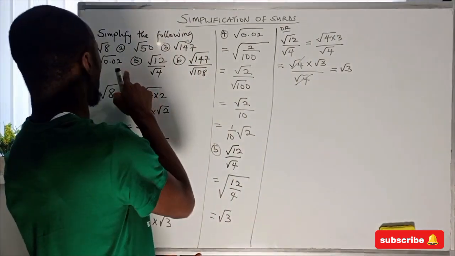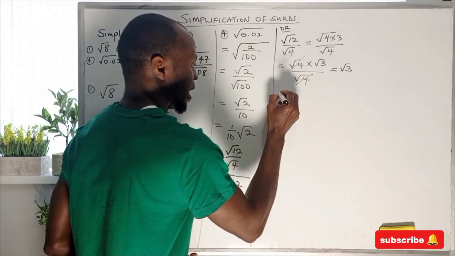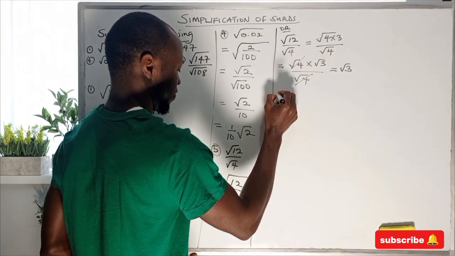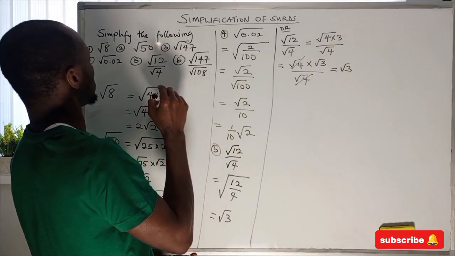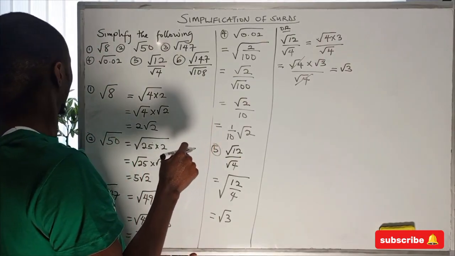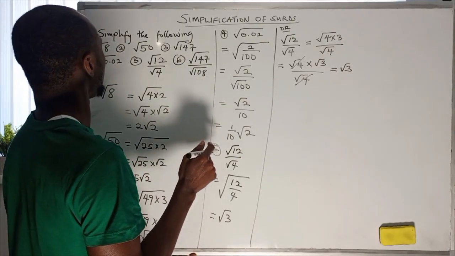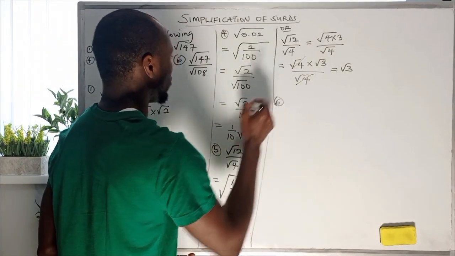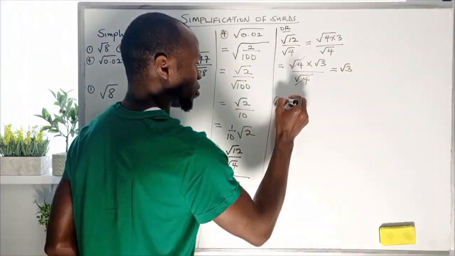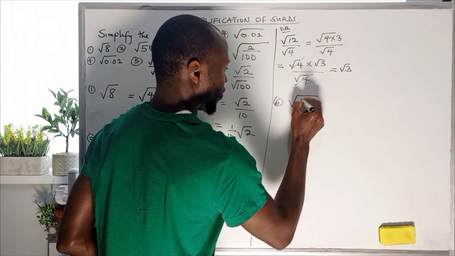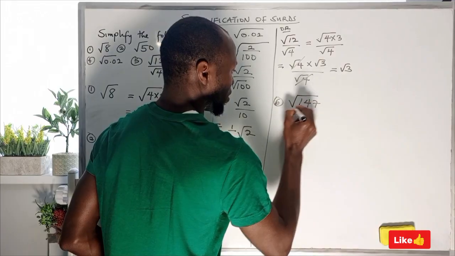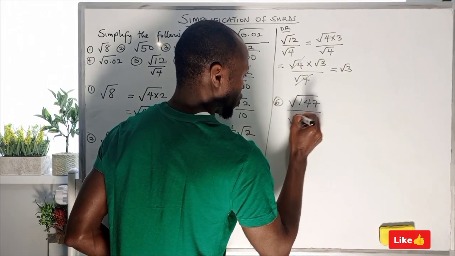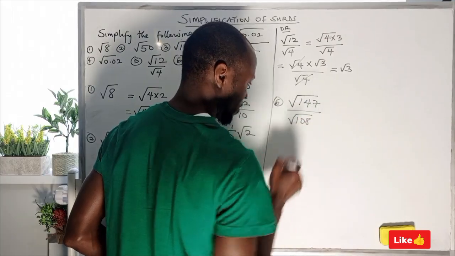Okay? Now let's go to our next example. Sorry, example 6, which is the last example. Square root of 147 divided by square root of 108.